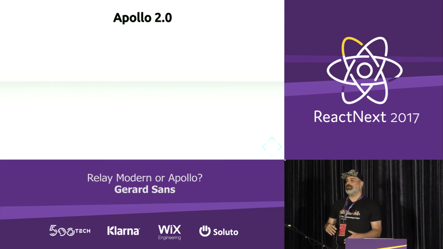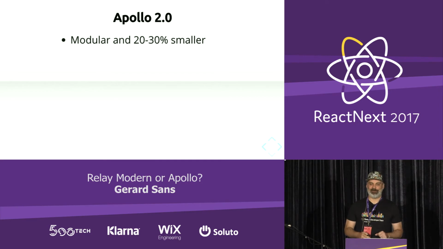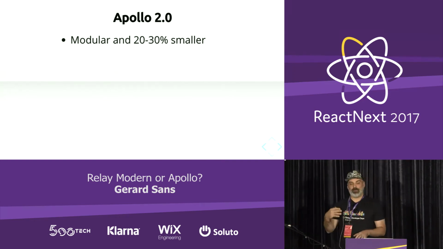I also want to point out some things about Apollo 2, which is coming in a few weeks. I asked the Apollo team for a sneak preview, and they told me this. So just believe me on those, I have no clue. They are now building a new version of Apollo Client, which is more modular and smaller.